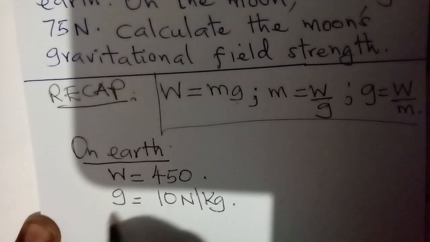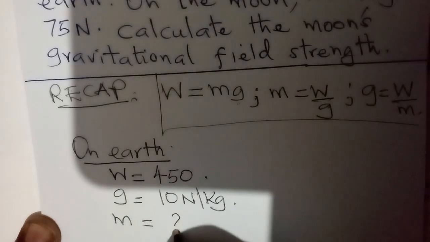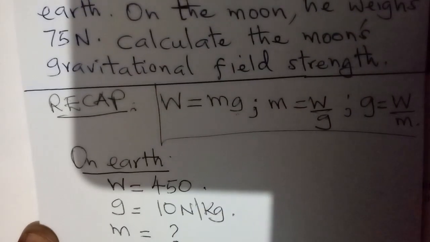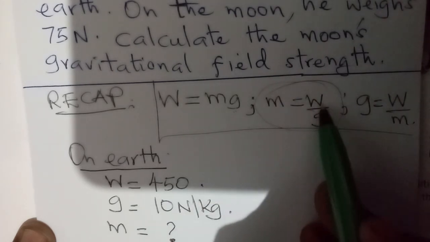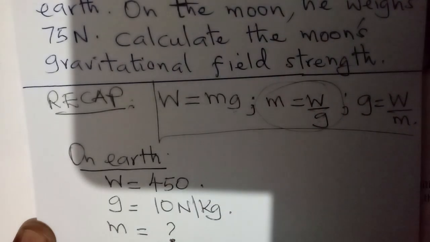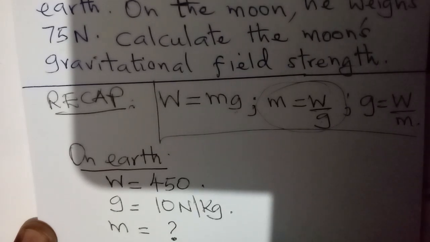So are we able to find the mass of the astronaut on the Earth's surface? Yes, mass is equal to weight over gravitational field strength. So m is equal to weight over g.